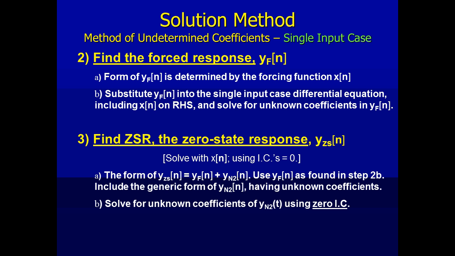Question? Oh, this is because here's natural response N1, here's natural response N2, and the total natural response of n, discrete time function, is the sum of those.